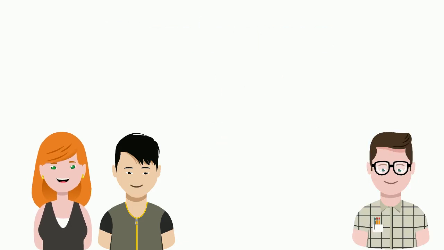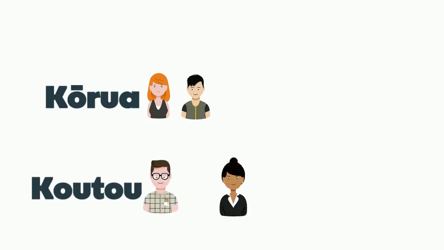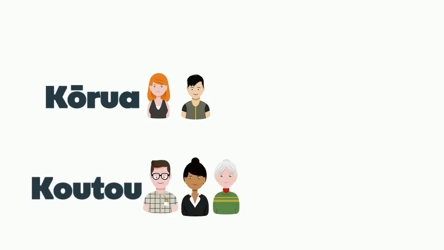As well as ahau, koe, and ia, we can use the other pronouns for more people that we've learned before. Let's practice using kōrua, which means you two, and koutou, which means you all, for 3 or more people.